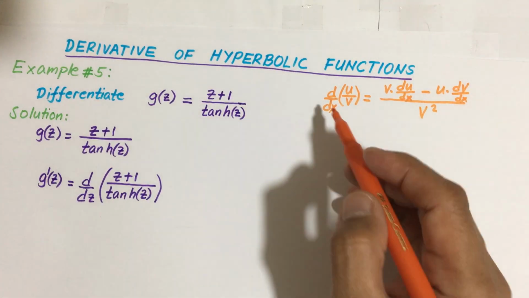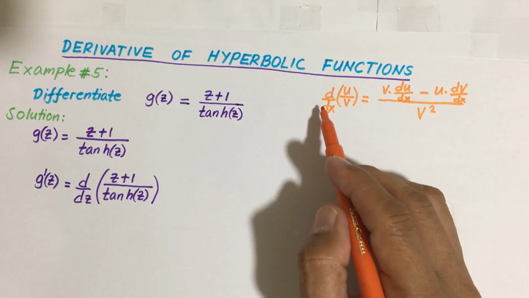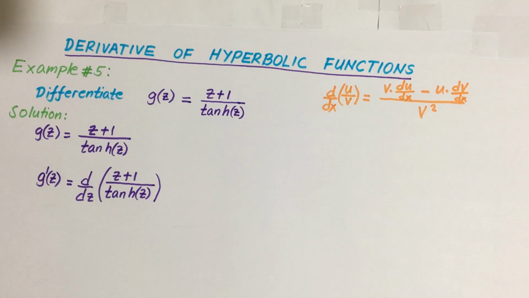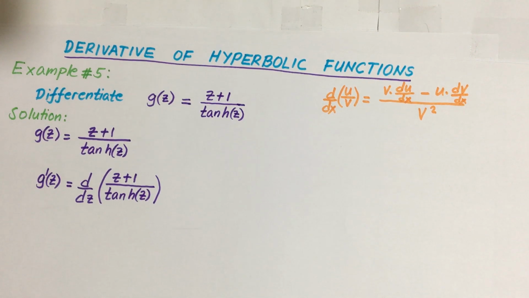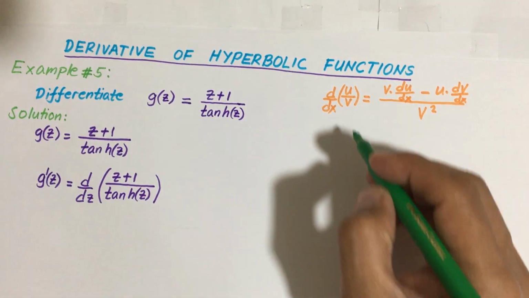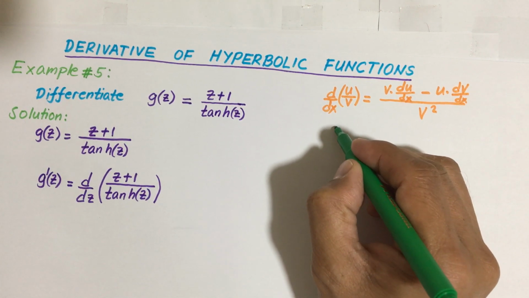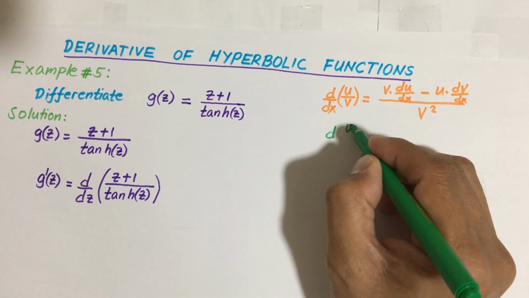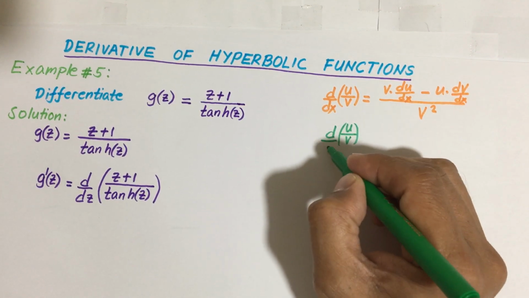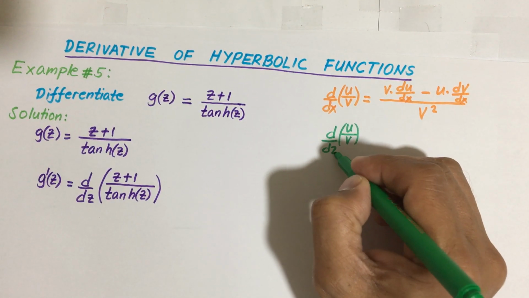Okay, so if our function is a function of x, this is our formula, but now we are given another function which is a function of z. So the formula would be the derivative of u divided by v with respect to z.